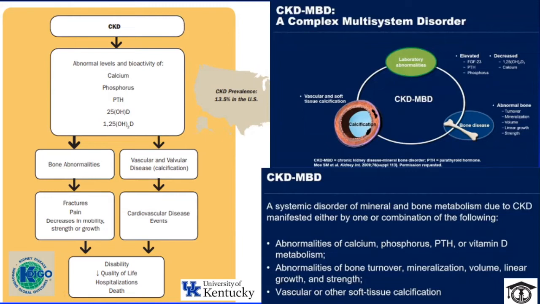More recently, we know that FGF23 actually rises very early in this game, and this is also a phosphaturic hormone, so it increases phosphorus excretion, so it avoids hyperphosphatemia and its devastating consequences.